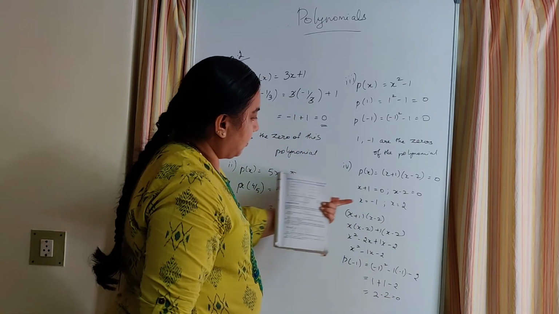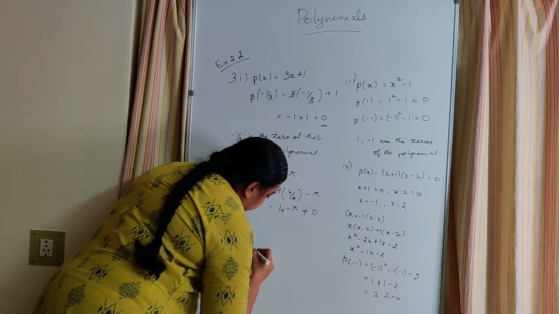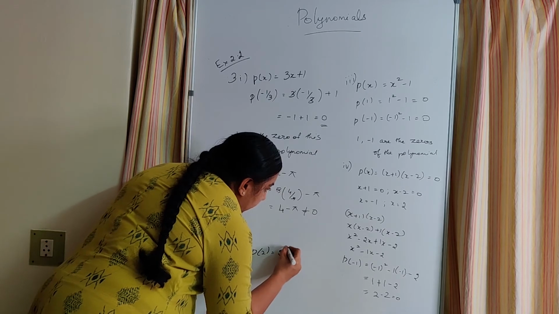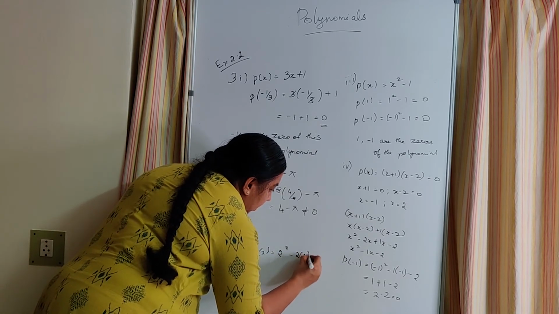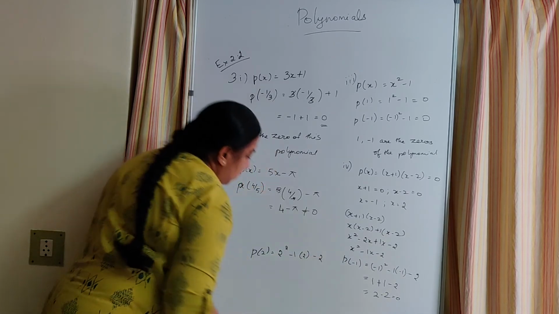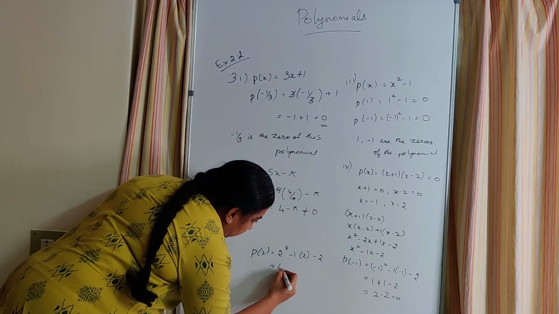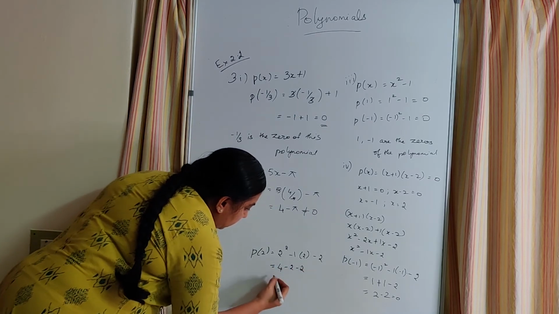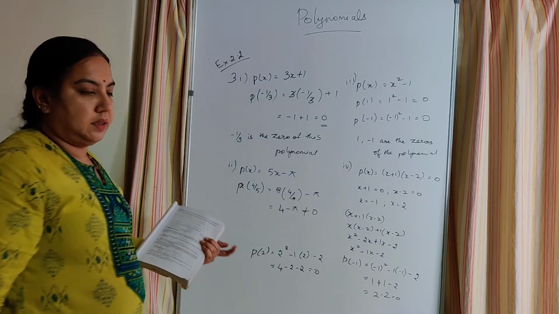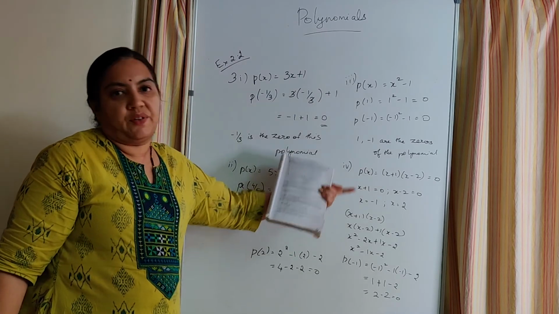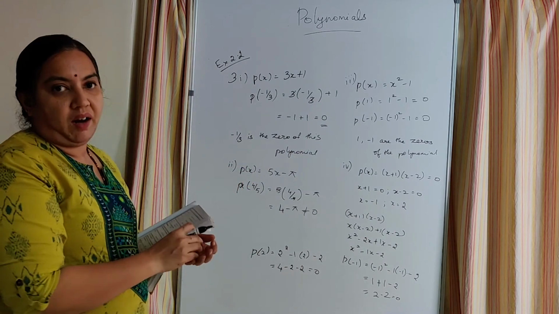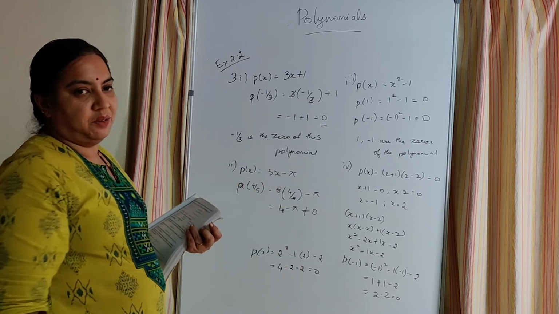And when I substitute the value of 2 here, p of 2 is equal to 2 square minus 1 into 2 and minus 2. So it sums up to be 2 2s are 4, minus 2, minus 2. So 4 minus 4 and so it also is equal to 0. I have proved it in the original way. But if we are short of time, you can follow the shortcut method also. That method shows that you understood the sum, but this is the actual way to prove this sum.